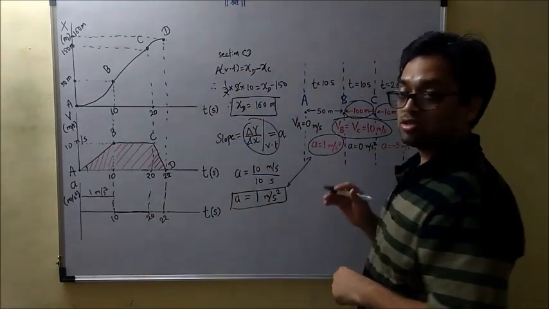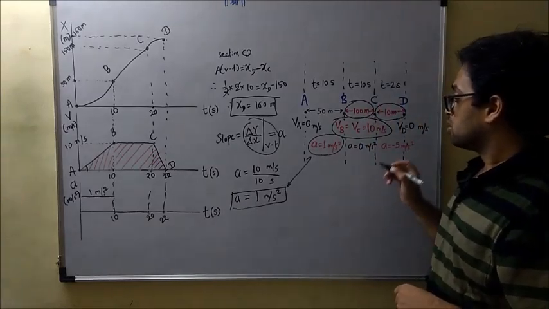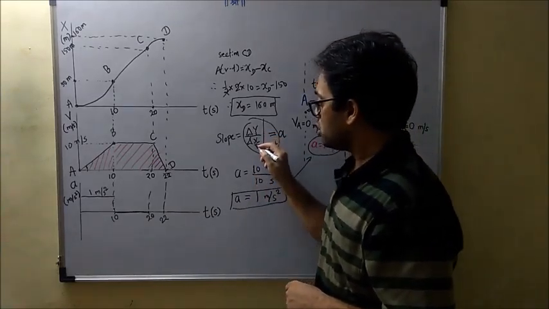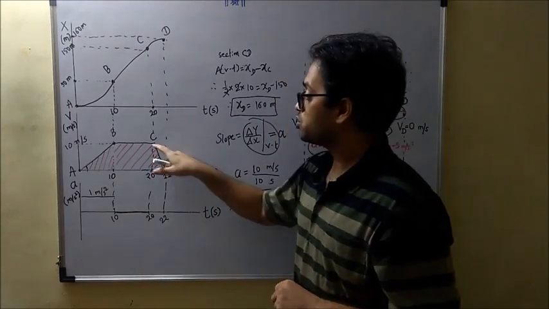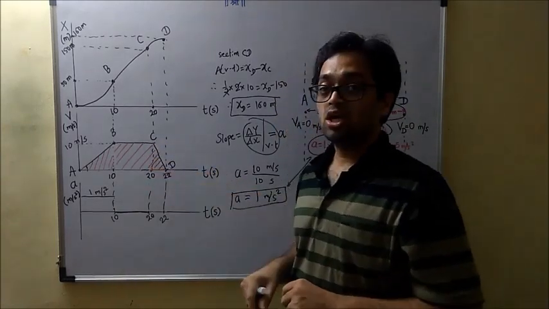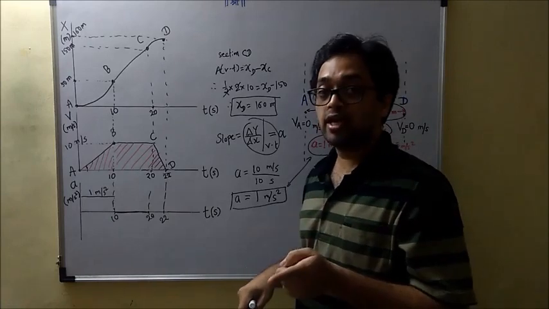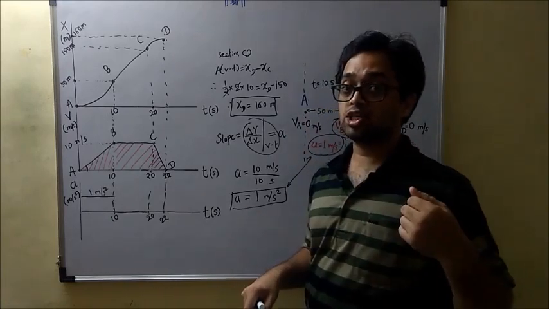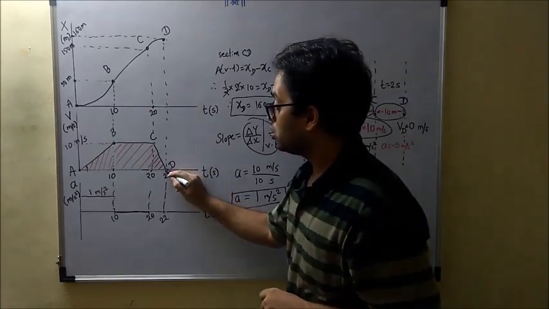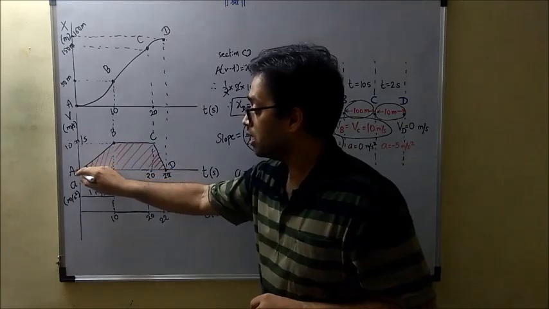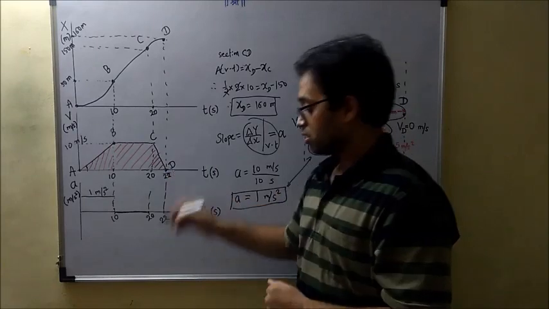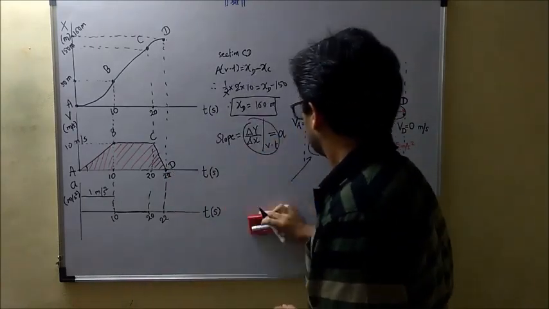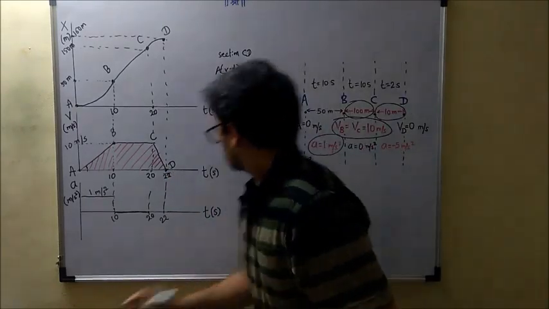Thereafter, moving to the last section, CD section, where change in y by change in x. So what is change in y? Now you would say change in y is 10, but I would say no, because change is always final minus initial. So what is the value of velocity at the final point? It is 0. So let me just write it down so that it will be very clear.